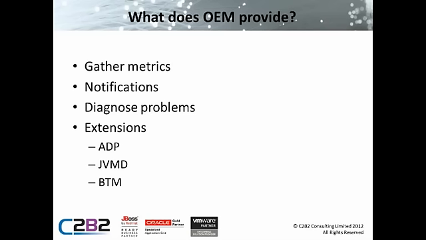So this is a separate install because it's part of these two management packs. It is extra on top of the core functionality and on top of ADP and JVMD, both of which do come with the product, although they're not by default installed.